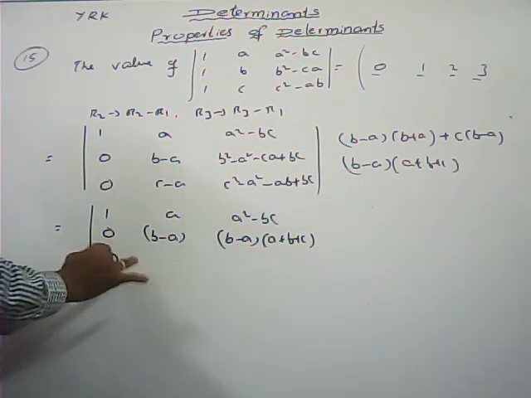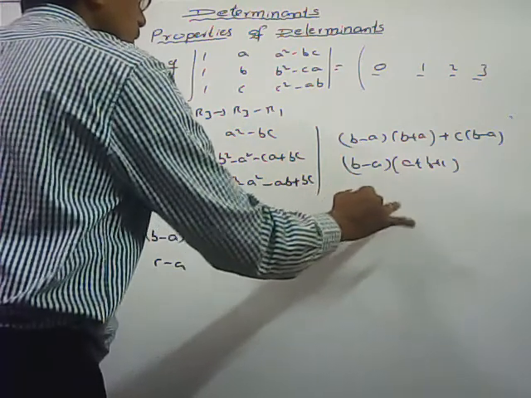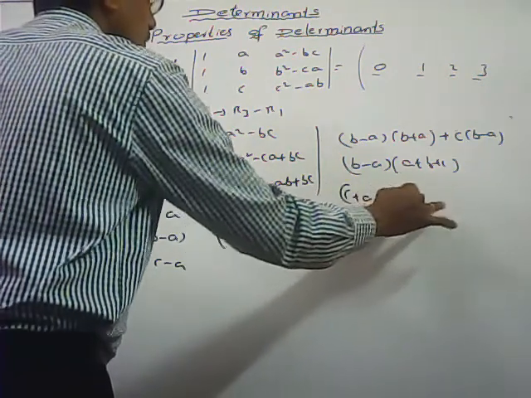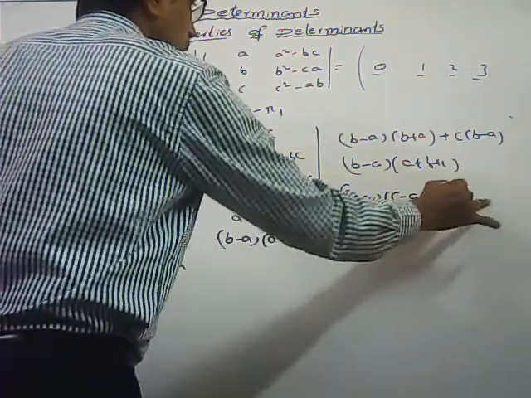Here also 0, C minus A. This one also is C plus A into C minus A. C minus A plus B, I am taking C minus A common.